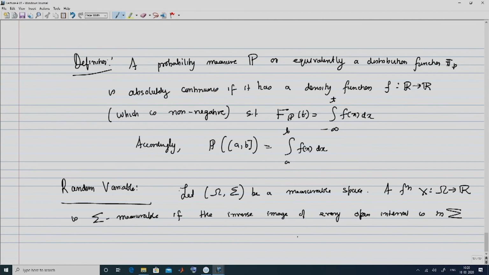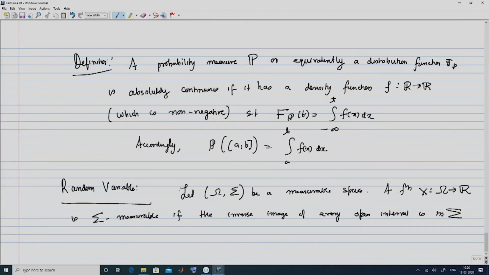Remember that sigma was a collection of subsets of omega. So, if the inverse image of any open interval belongs to sigma, then we say that this function X is sigma measurable.